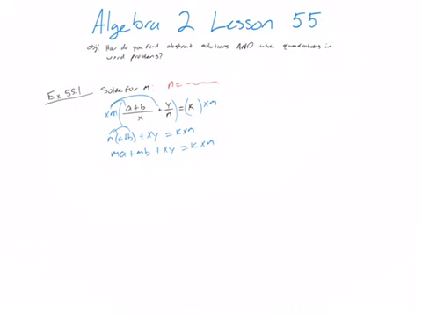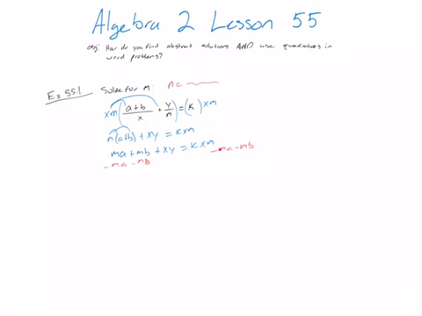Alright, now my goal is to get everything with an m to one side and everything without an m to the other side. So I'm going to go ahead and subtract ma minus mb from both sides.